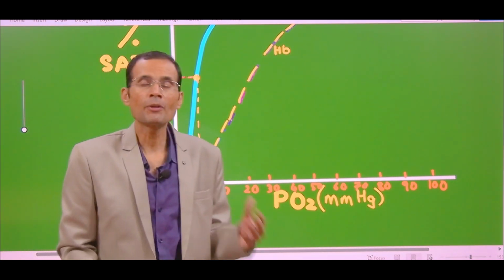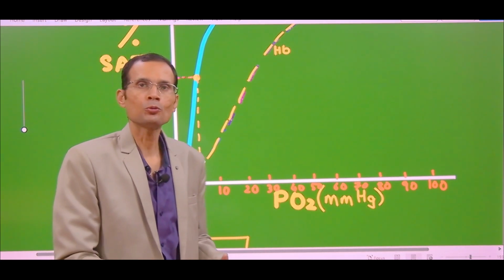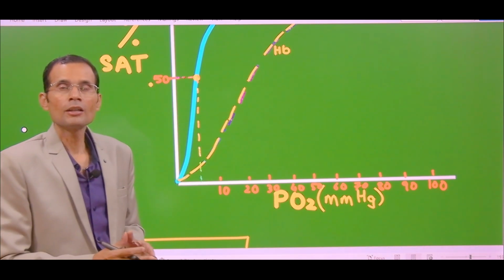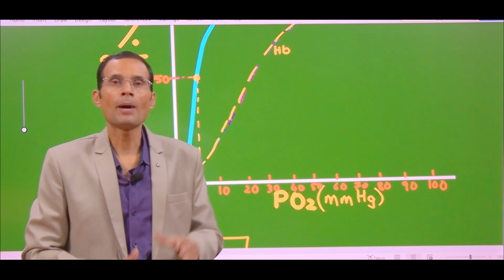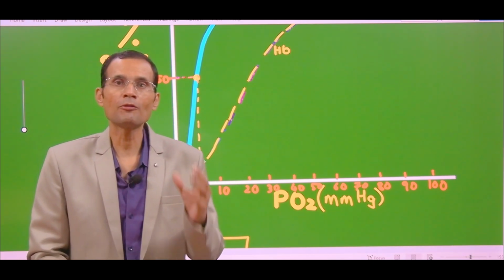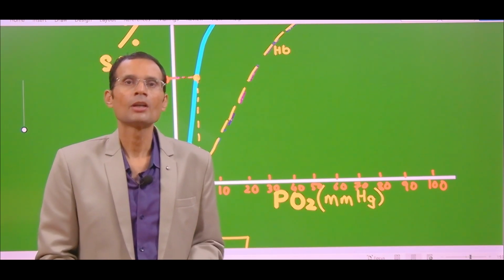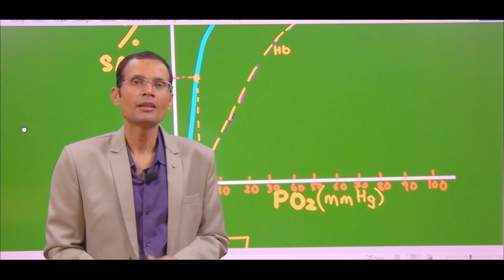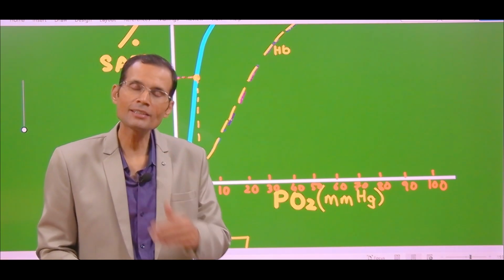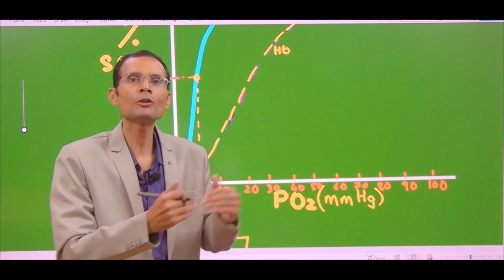Imagine, 5 mm of Hg is a very low PO2. Until the PO2 has gone down to 5 mm of Hg, myoglobin is holding half of its oxygen. So that further is a testimony to the fact that myoglobin releases its oxygen only when there is a very low PO2.